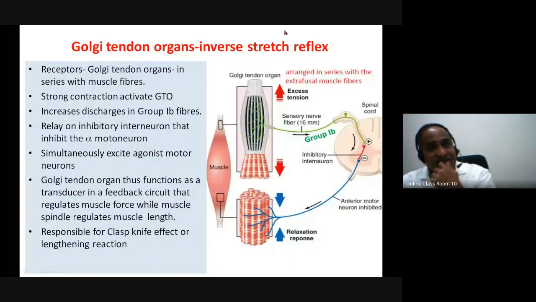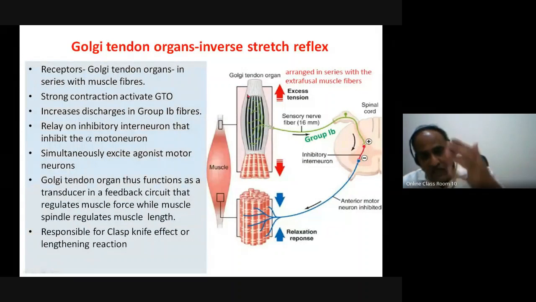Now, there is another reflex, the inverse stretch reflex. What happens if the muscle contraction is too large, too powerful, too forceful? There is a fear that the muscle contracts very severely or rigorously, and a fear of tearing at the tendon ends. To prevent that, there are specialized sensory organs known as Golgi tendon organs. These are again spray nerve endings.